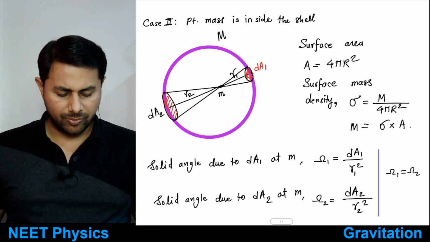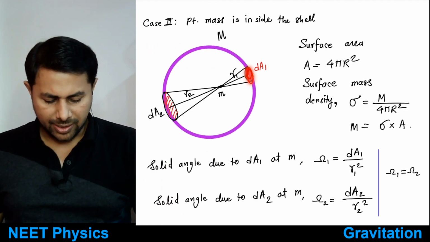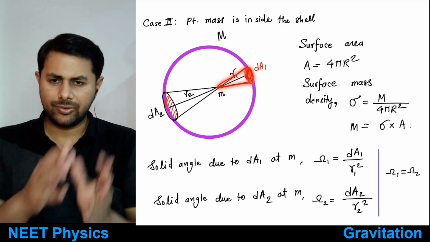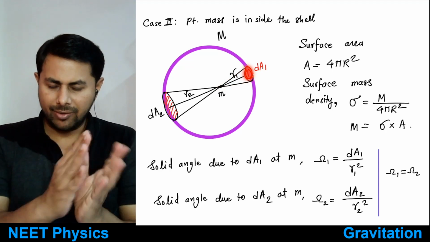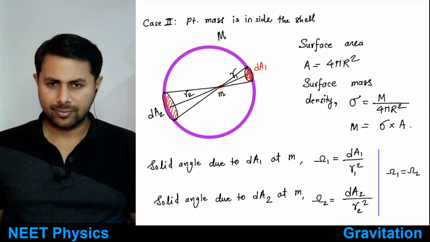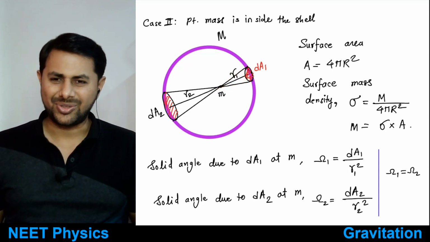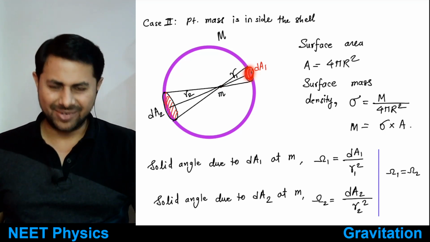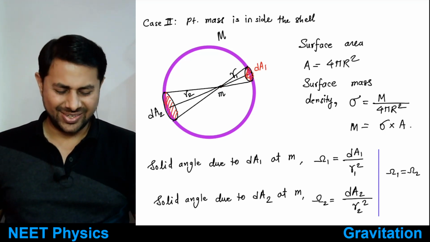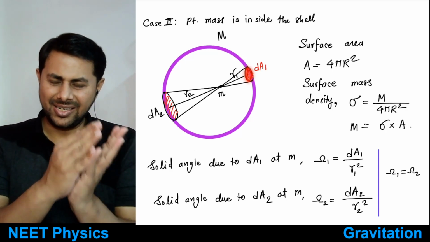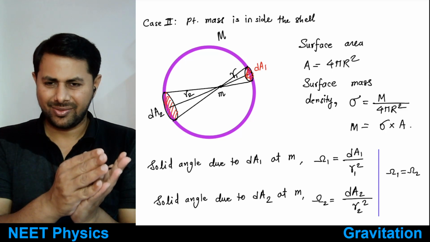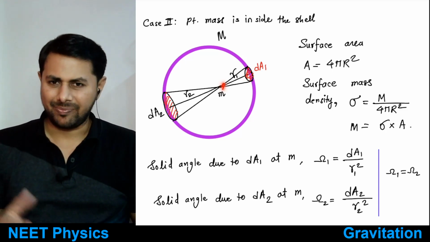And now if you see what is that thing, so this area divided by r1 square gives you what? It gives you solid angle made by dA1 at the position of m. If you remember first chapter, solid angle is area divided by perpendicular distance square, right? So it is the solid angle made by this dA1 at point m, at the position of mass m.